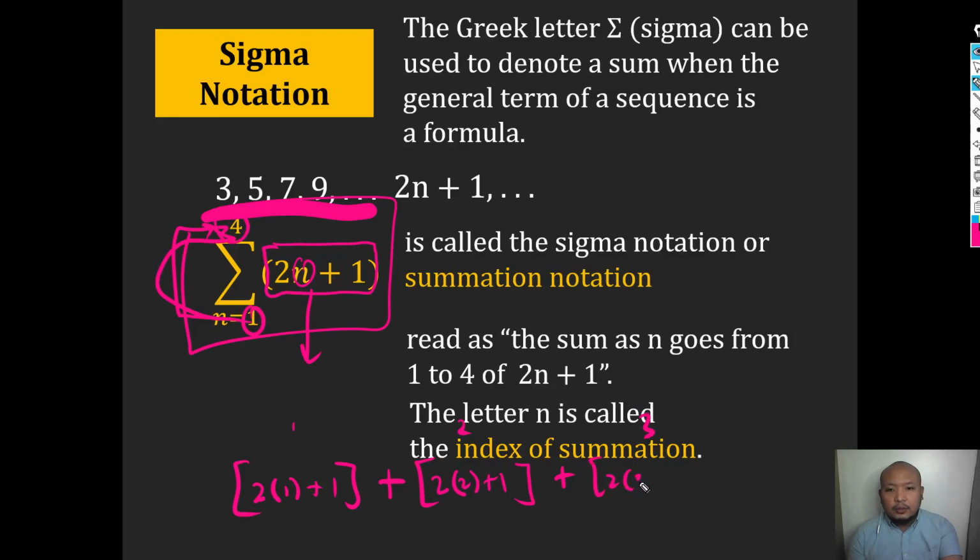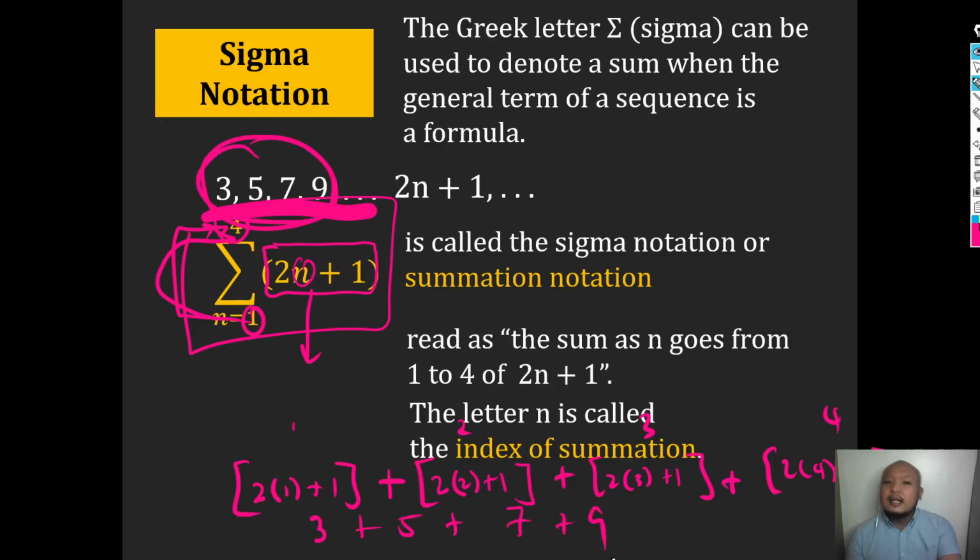That's going to be 2 times 3 plus 1. Plus, finally, hanggang 4 daw, 2 times 4 plus 1. And then we simplify. This is 2 plus 1 is 3, plus, kung makita nyo, ito rin naman talaga yung ating roster form dito. 3, 5, 7 plus 9.